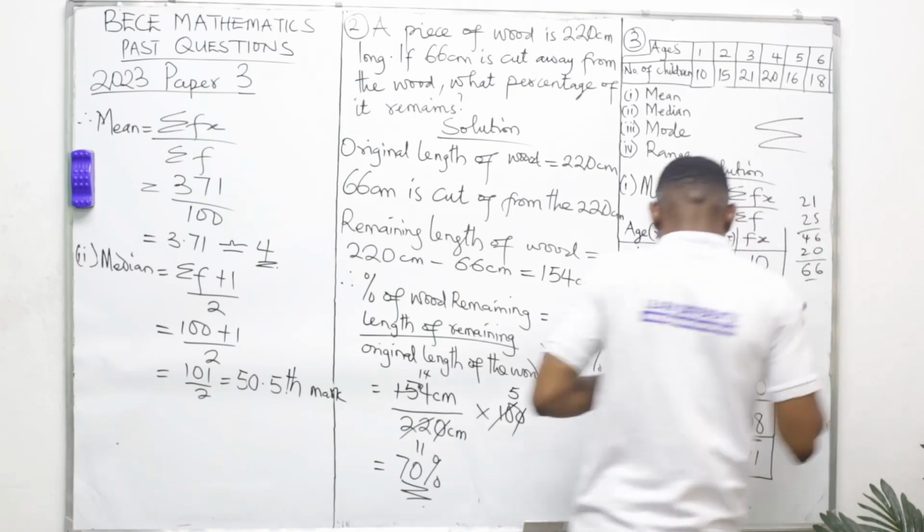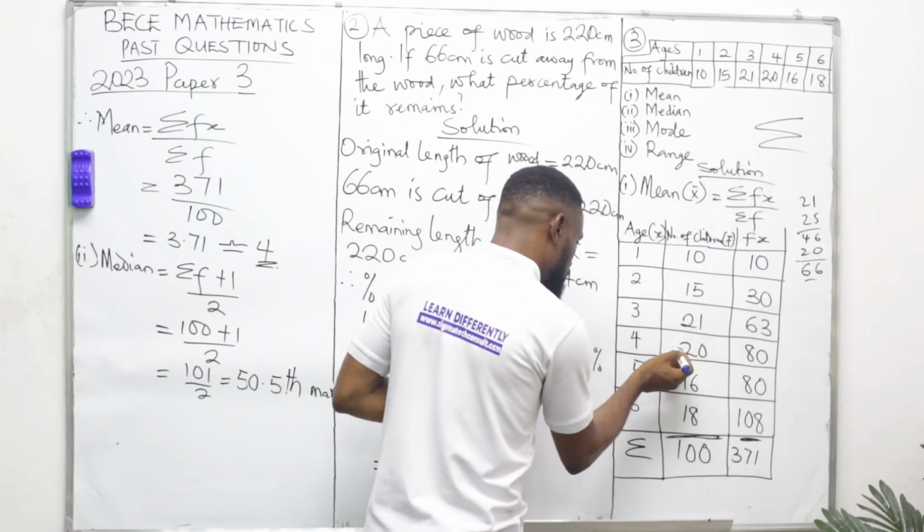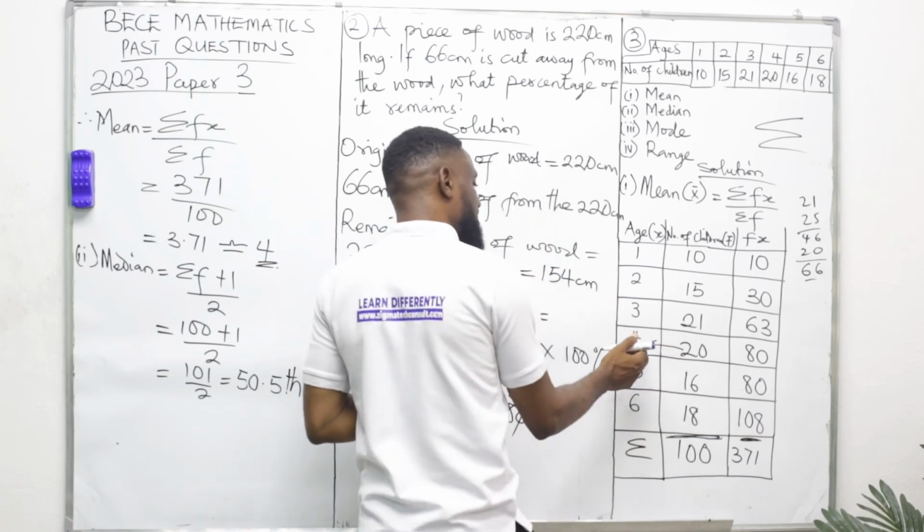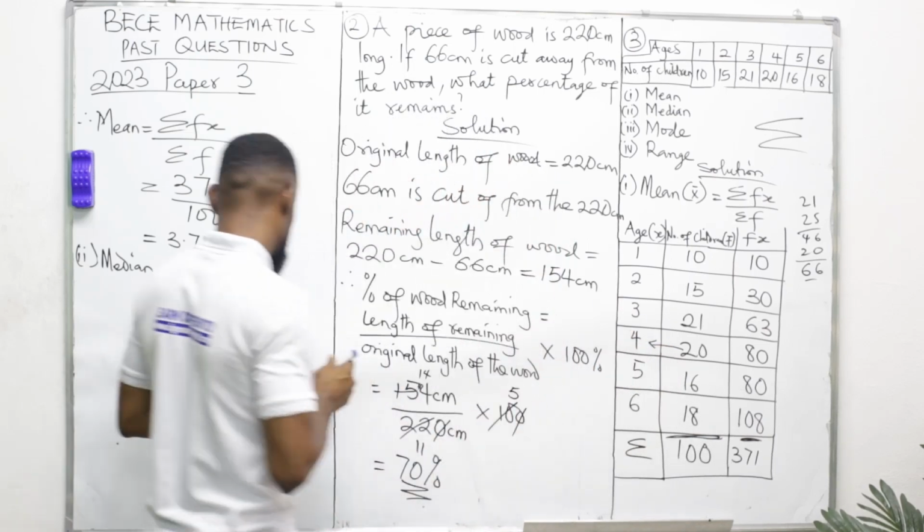So we said that if we trace this now to this place, we say that 4 is our median age. Okay?